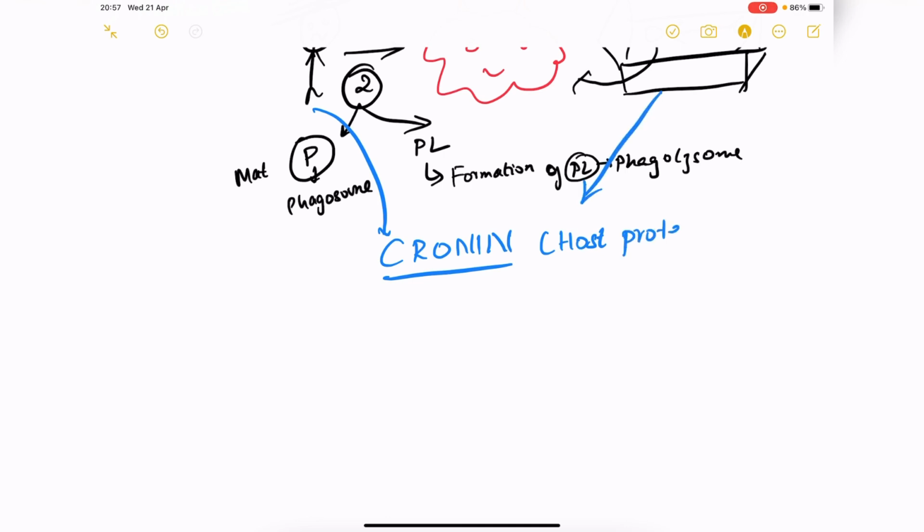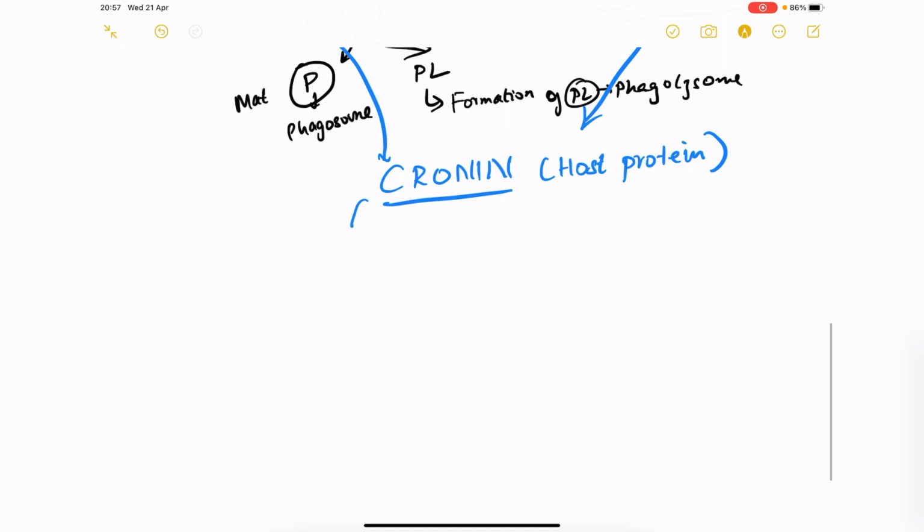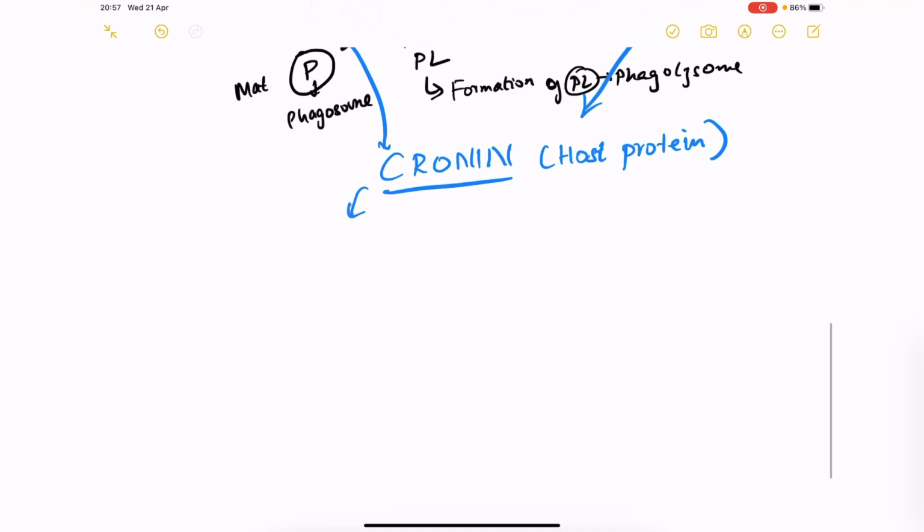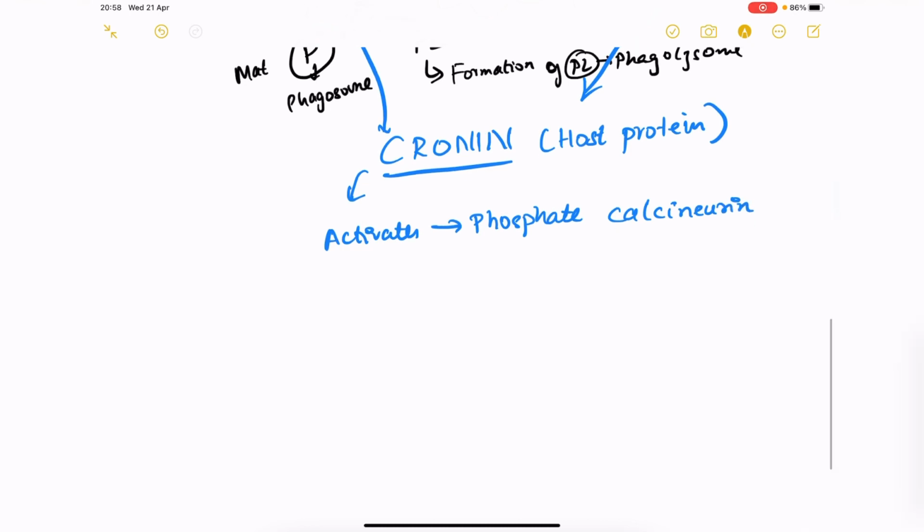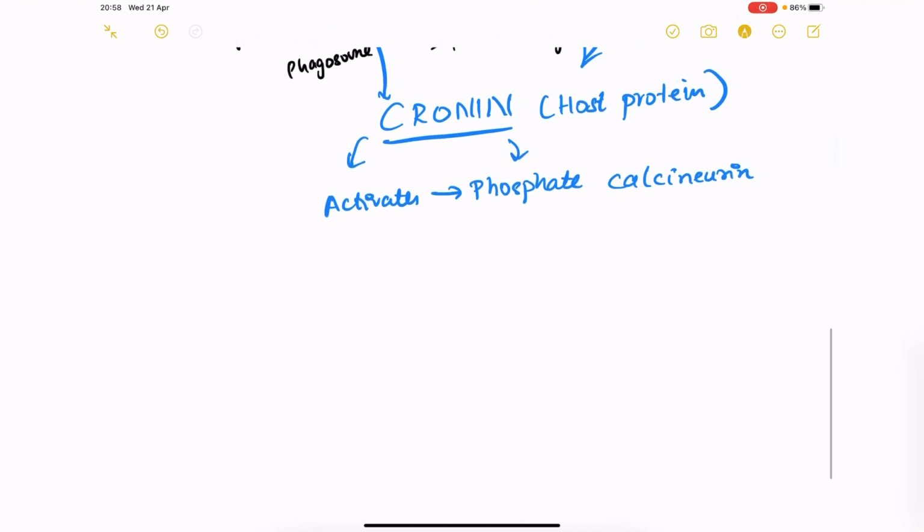It uses this protein and activates an enzyme called phosphatase calcineurin. What does it do? It activates an enzyme called phosphatase calcineurin, and this enzyme inhibits the formation of PL.